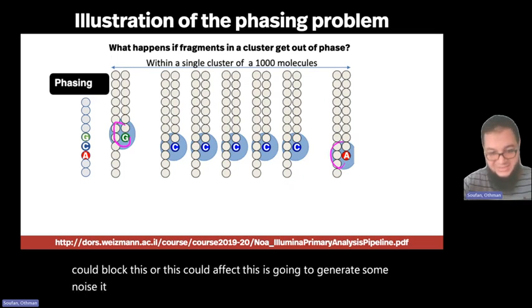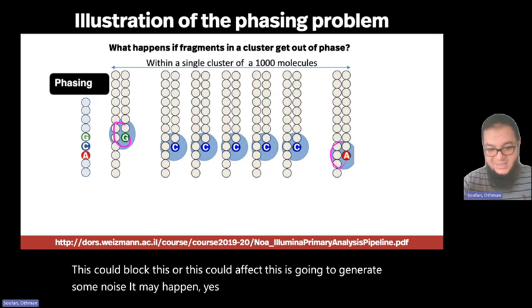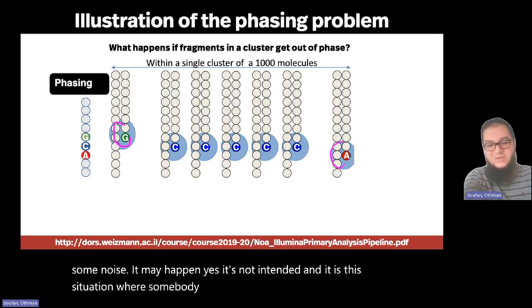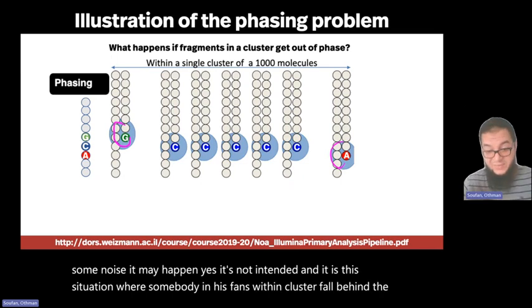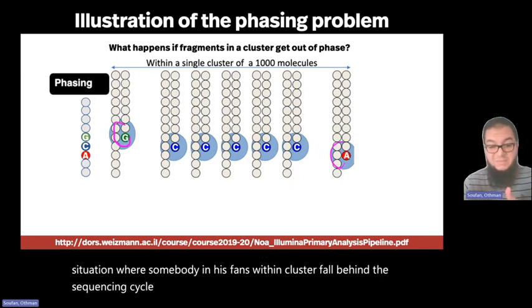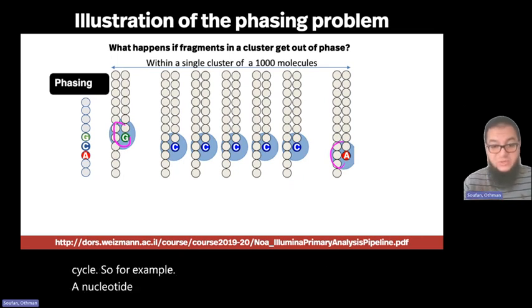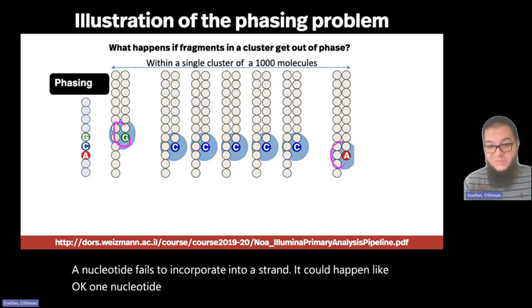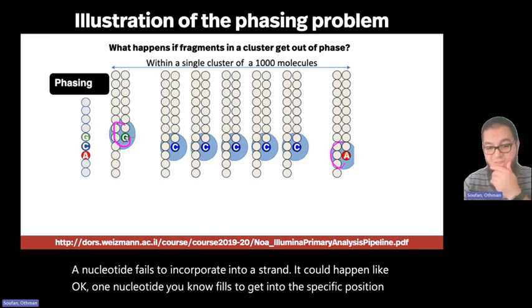It may happen, yes. It's not intended, and it is this situation where some DNA strands within a cluster fall behind in the sequencing cycle. So, for example, a nucleotide fails to incorporate into a strand. It could happen that one nucleotide fails to get into the specific position there.